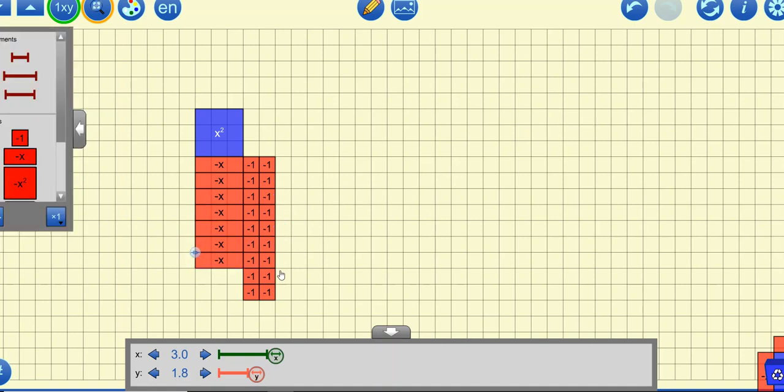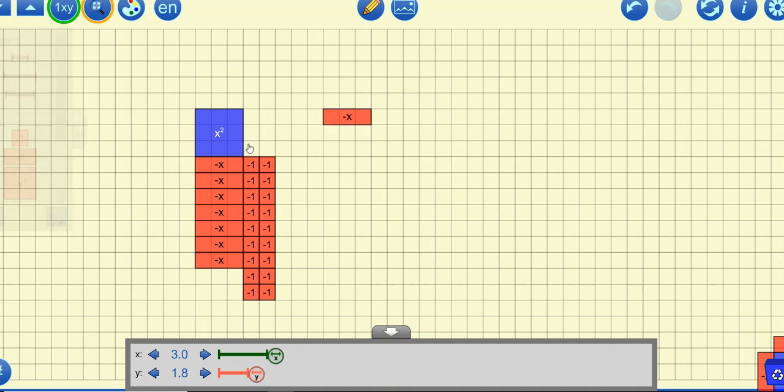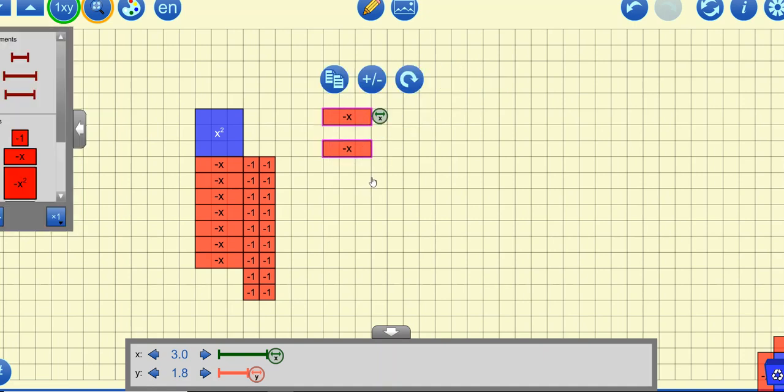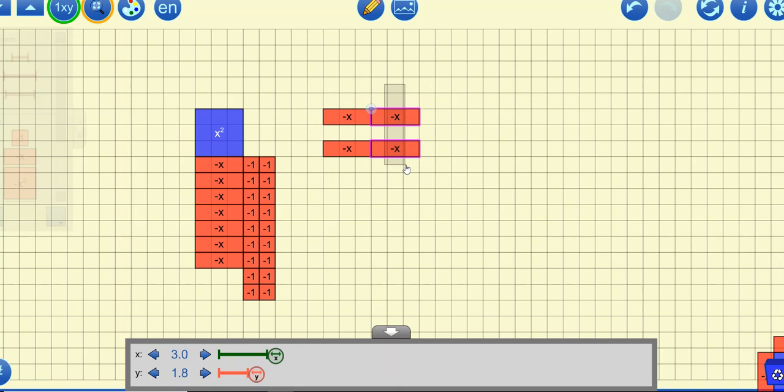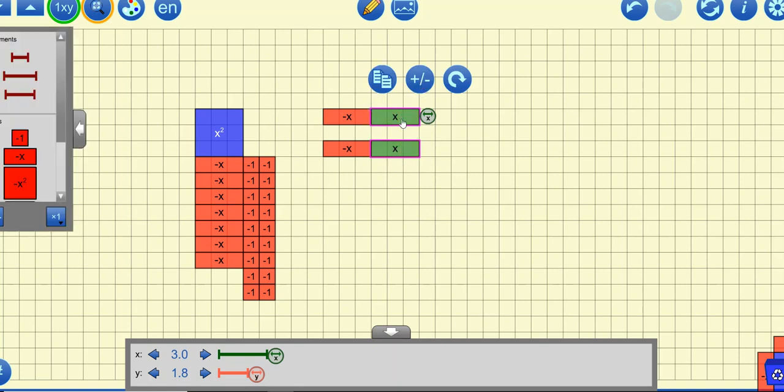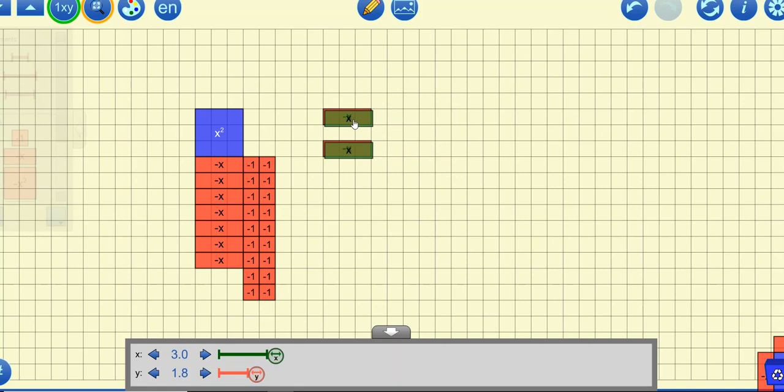Now what's nice about this is I've now got 2 spaces, 2 spaces. So I can fill them with this positive negative combination. These will amount to 0, because as I said, they will cancel each other out.